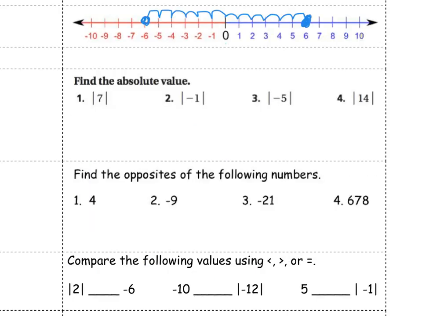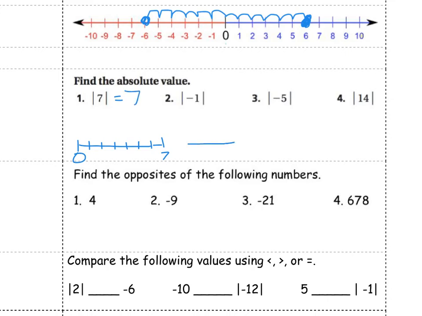All right, let's do some practice problems. I'm going to do the first two, and then I would like you to pause and do the next two. So I know that 7 is 7 away from 0. If you need to draw a number line to check it, feel free. So 1, 2, 3, 4, 5, 6, 7. It is 7 away from 0.